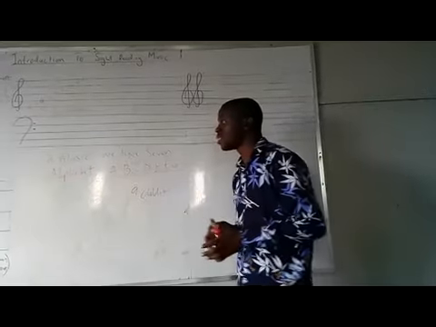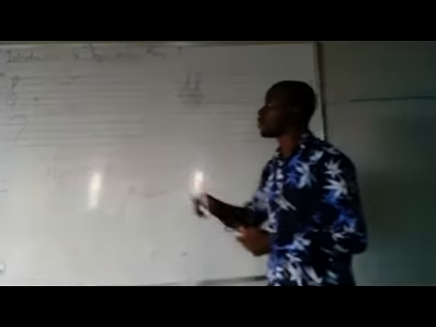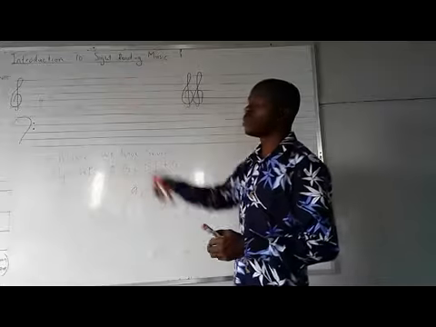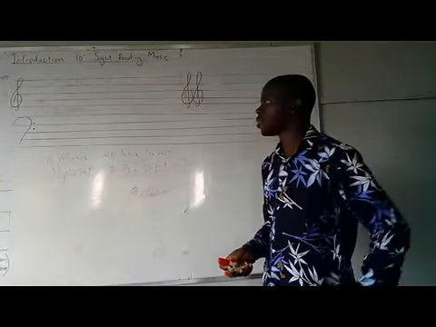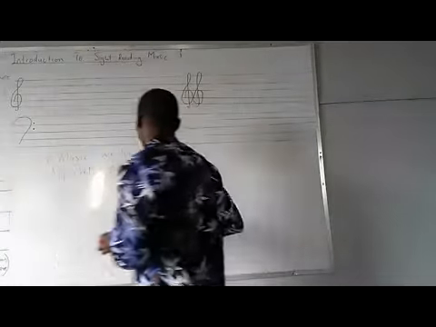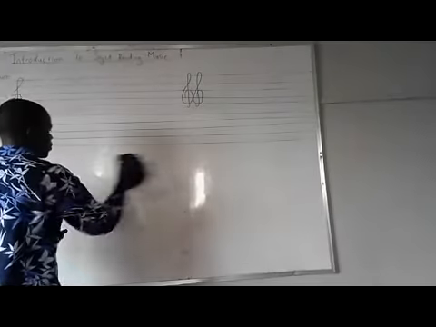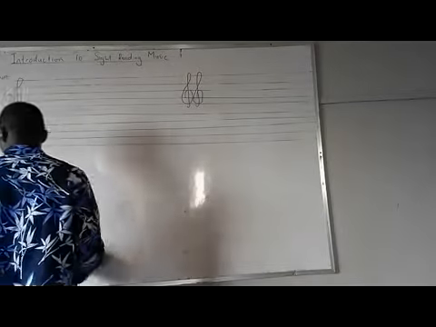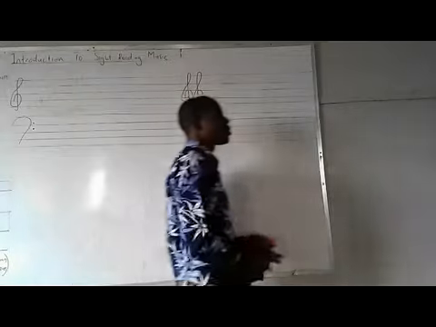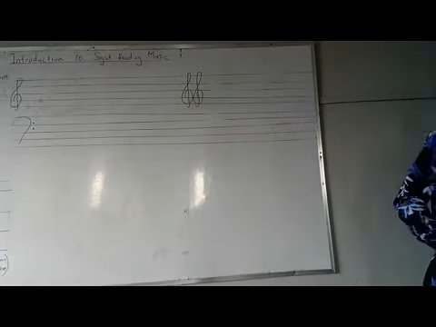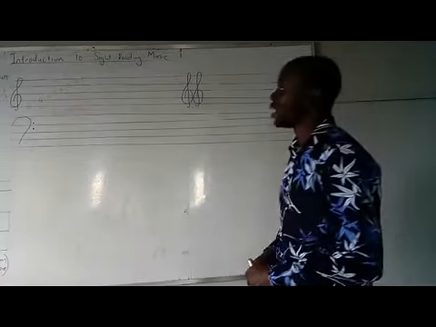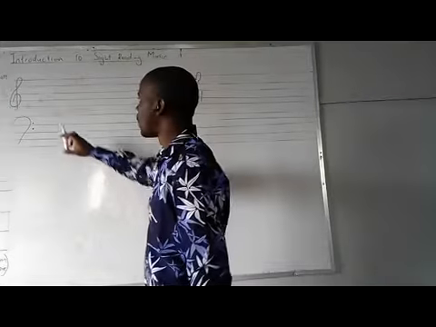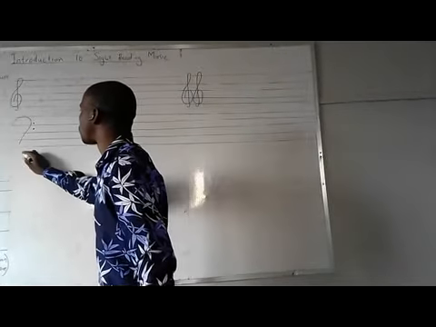So, that is the name of the treble clef. So I'm going to write it out now. What we are going to do now is write out the names of the lines and spaces. So let's bring out the lines first.